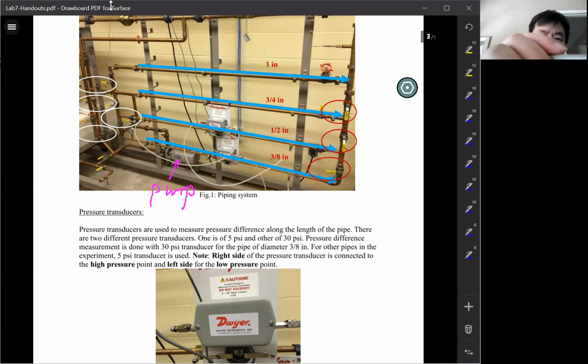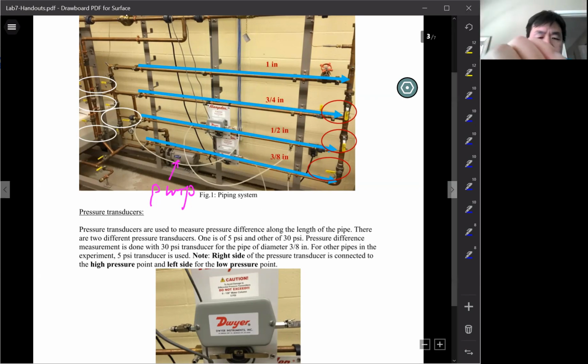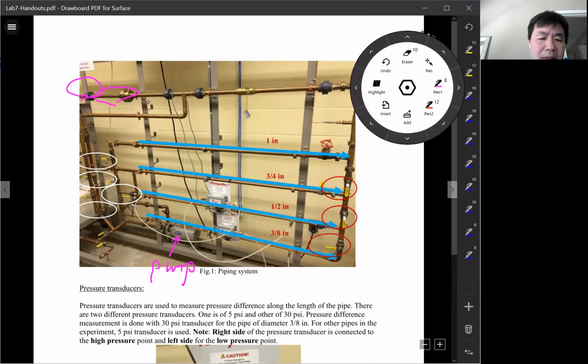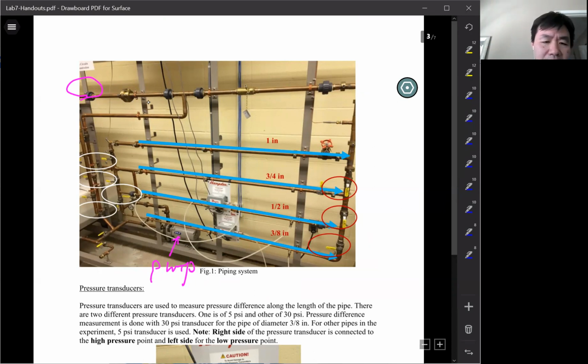The flow rate meter is somewhere above it, around that area at the end of the picture. I think it's outside of the picture. Let me erase my marks. Okay, here, this is the flow meter, a little bit outside of this scope.